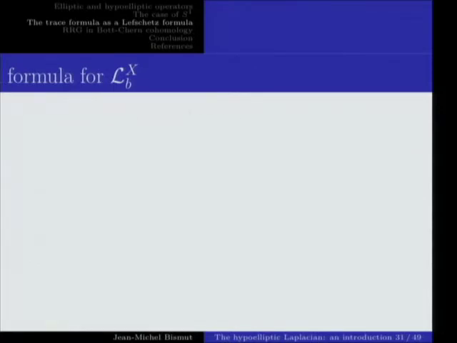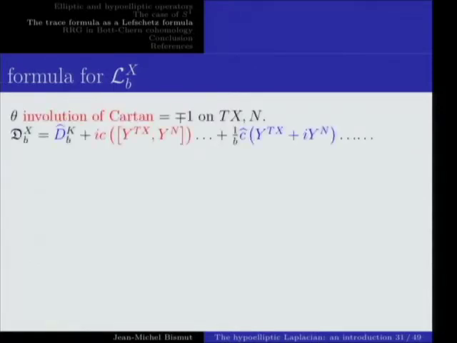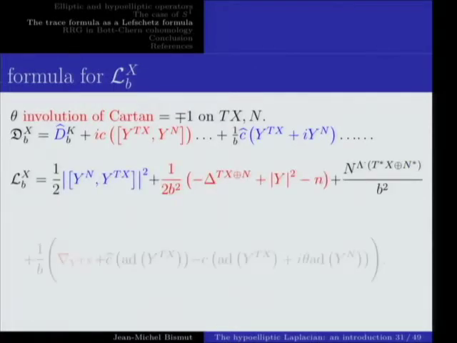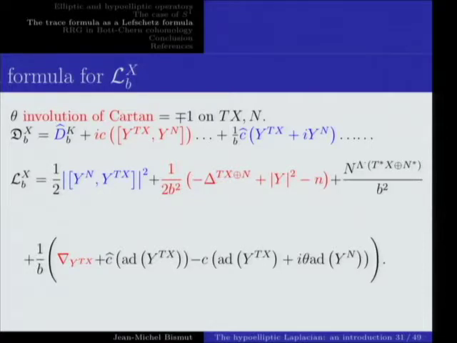So let me now give a formula for the operator L_B^X. So this is a formula. Again, it's an operator acting on the total space of TX plus N. Now, I wrote in red here the harmonic oscillator along the fiber of TX plus N. TX plus N is a Euclidean vector bundle.